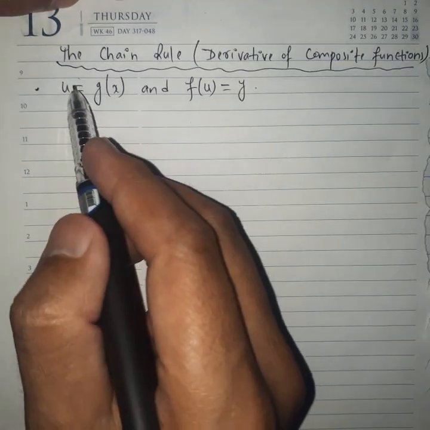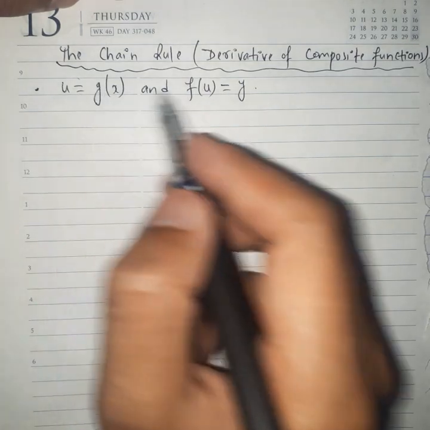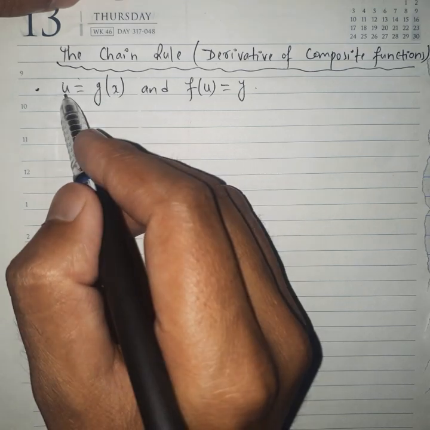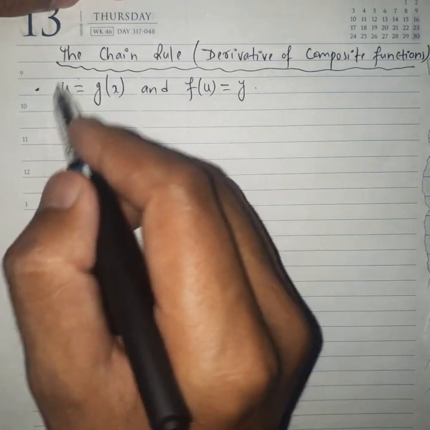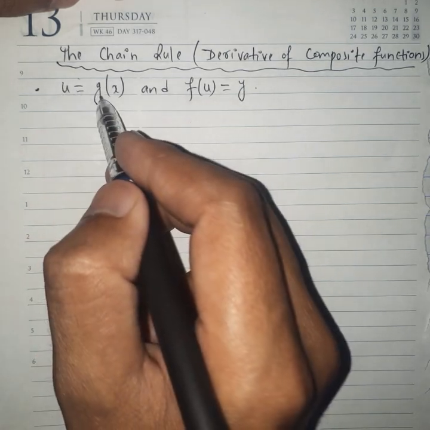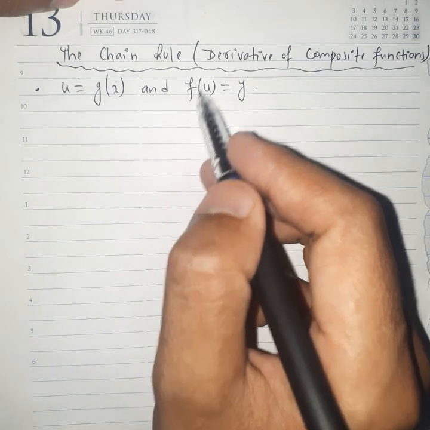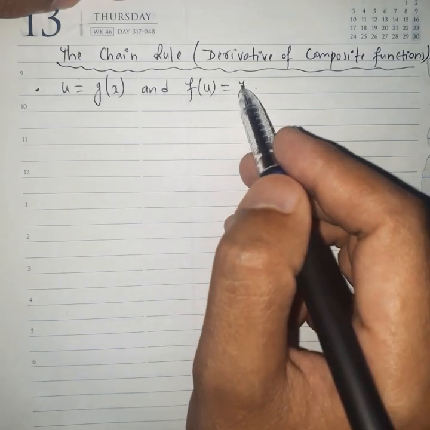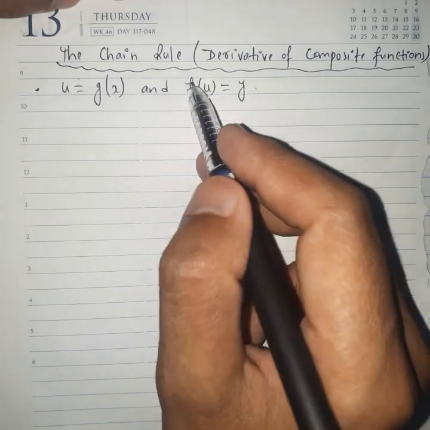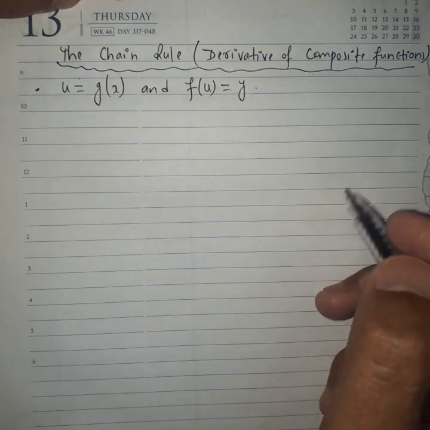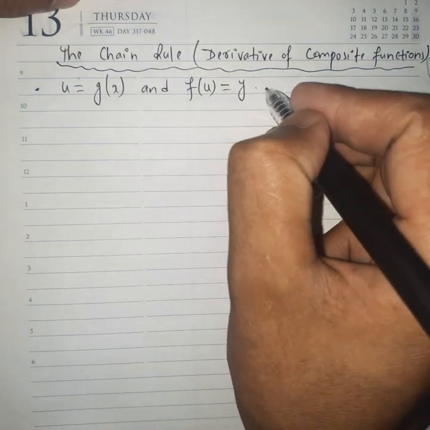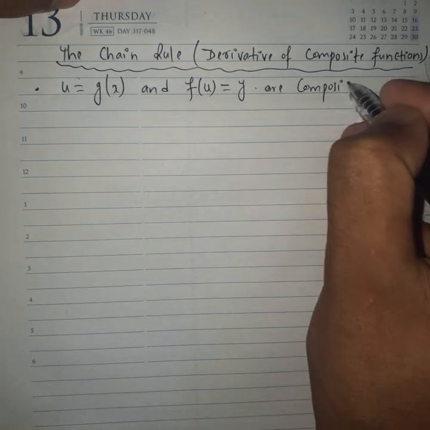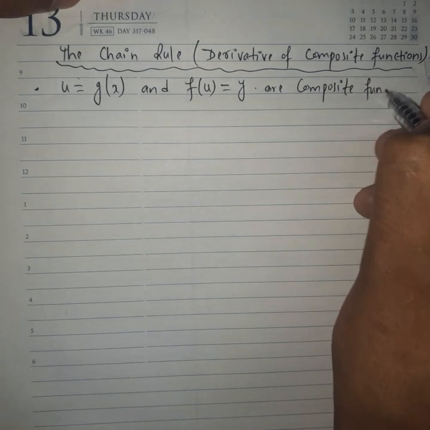Here we have taken two functions, g and f. g takes x as an input and produces u, and the produced u, the output of g, is taken as the input of function f, and finally f produces y as an output. These are the two composite functions.